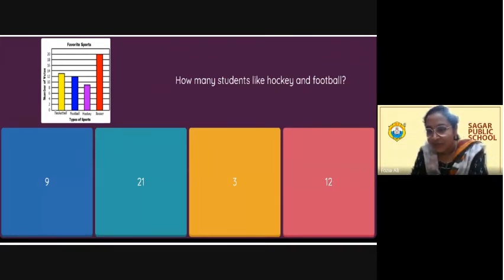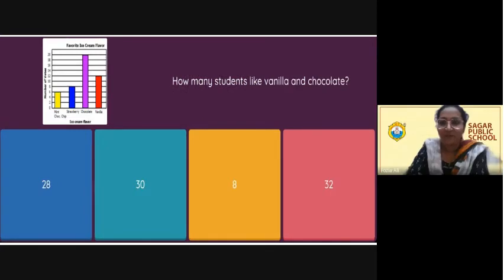Now next answer will be given by Bhavya Bhaktani. Okay, Bhavya. How many students like vanilla and chocolate? Now we have a separate bar graph where flavors of ice creams are given, and you have to tell me how many students like vanilla and chocolate. Both vanilla and chocolate, total amount.